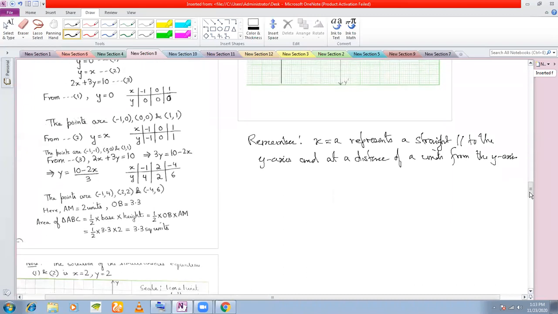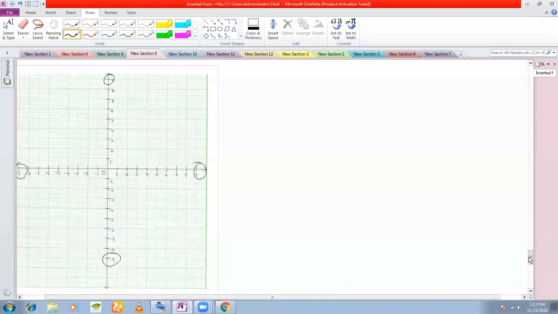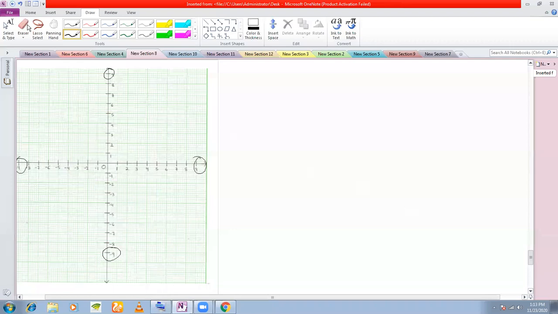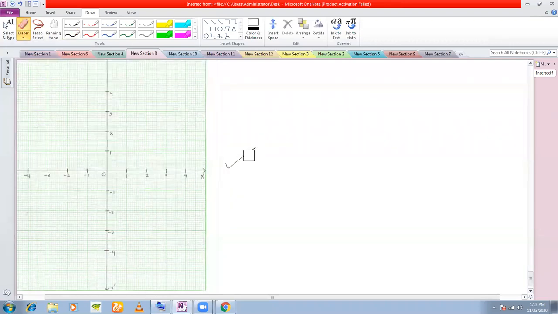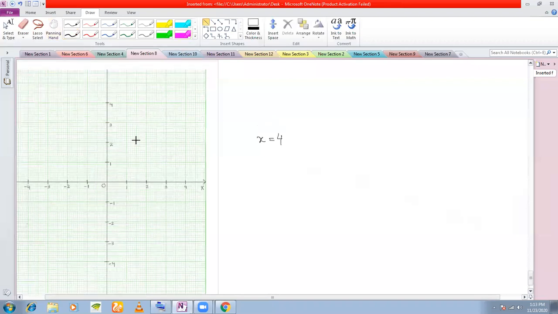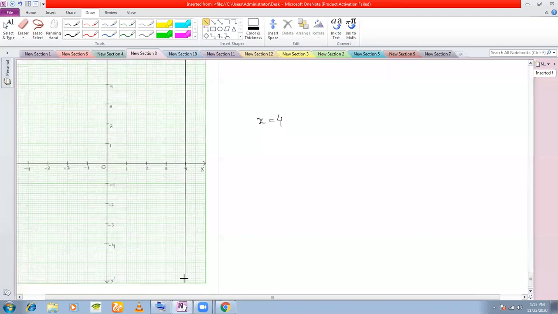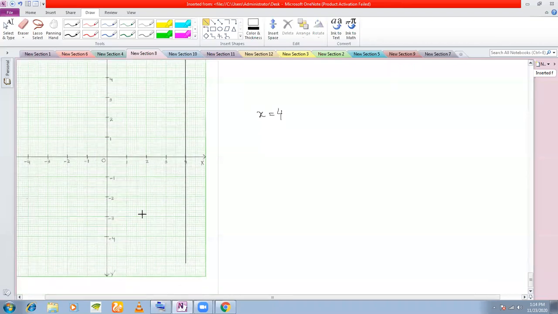Okay, let me give you a few more examples. Let us take this graph paper once again. If I ask you what will be the line x is equal to 4, without even plotting the points, what you can say is that x is equal to 4 will be a straight line parallel to the y-axis and will look something like this, right?